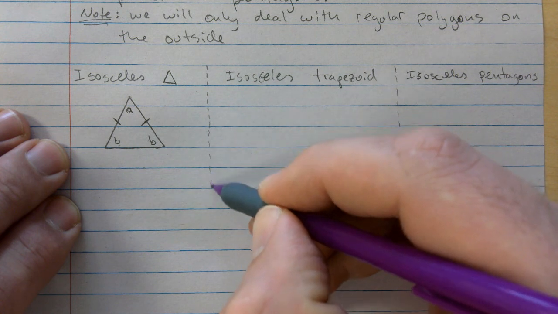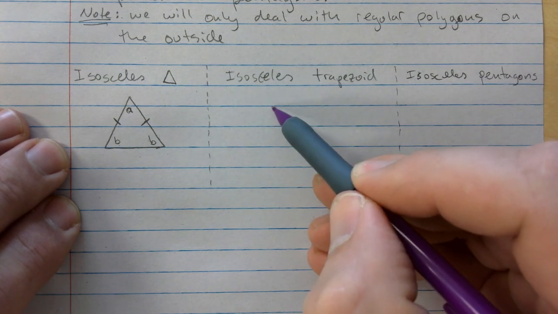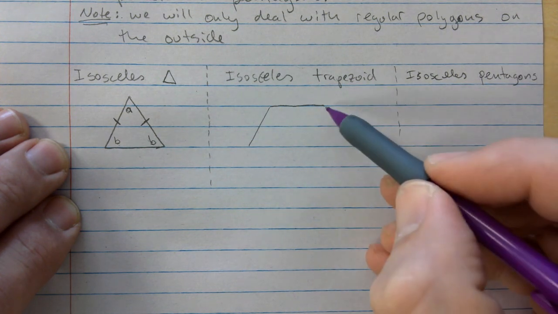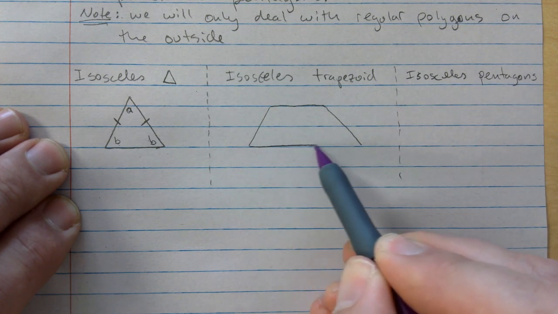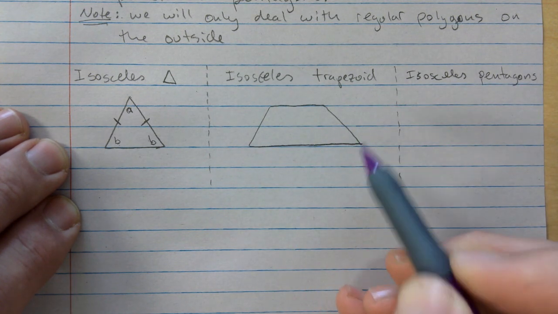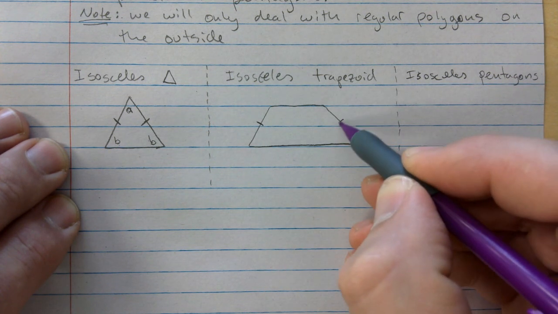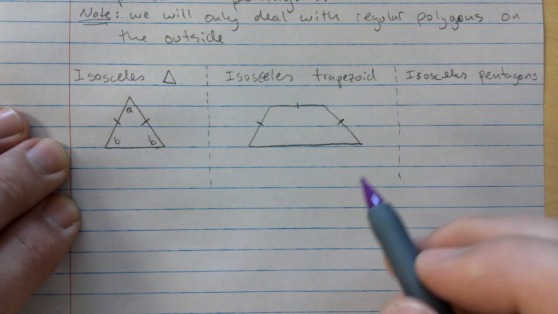And let's go over to the isosceles trapezoid. A trapezoid is a quadrilateral, a four-sided shape. It will have these 2 sides the same, as well as the top.